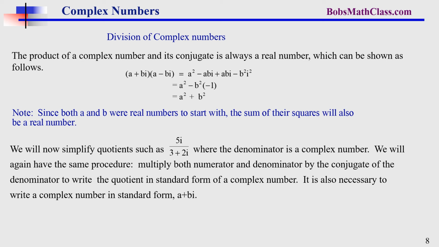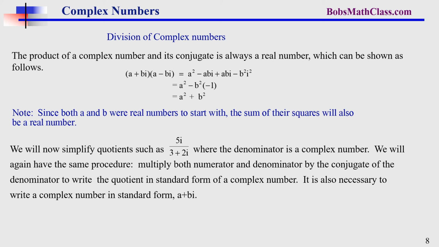So it's the same idea. We don't want to leave a fraction with the i in the denominator. Okay, so the product is always a real number. Here's kind of a proof. a plus bi times a minus bi. If you FOIL it, the middle terms will cancel out. And then i squared is equal to negative 1.